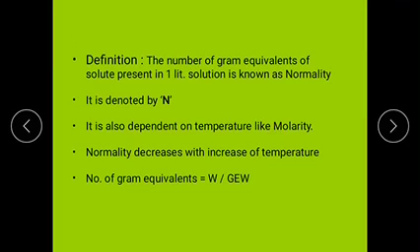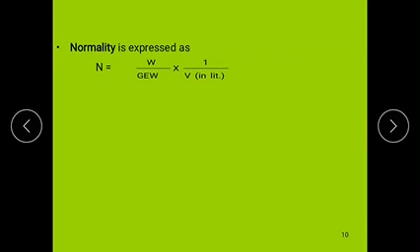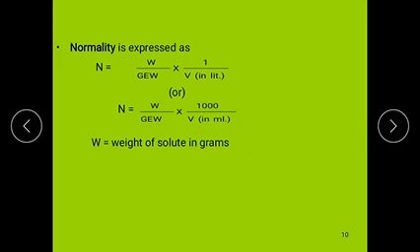The number of gram equivalents is equal to W by GeW. Normality is expressed as N equals W by GeW into 1 by V in liters, or N equals W by GeW into 1000 by V in milliliters.